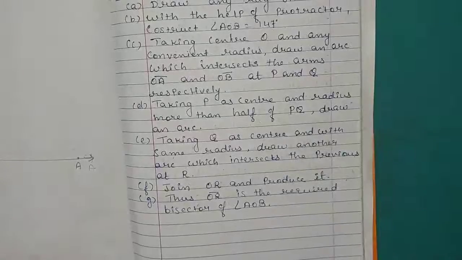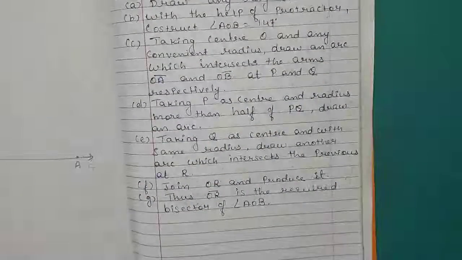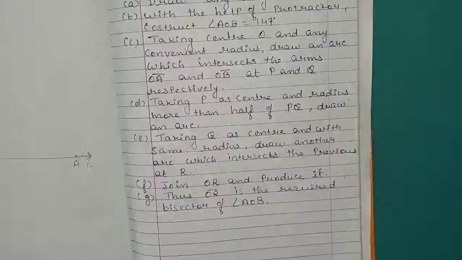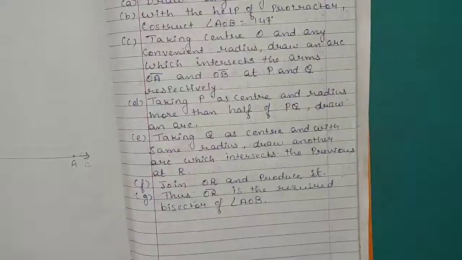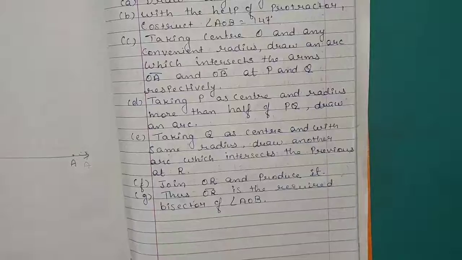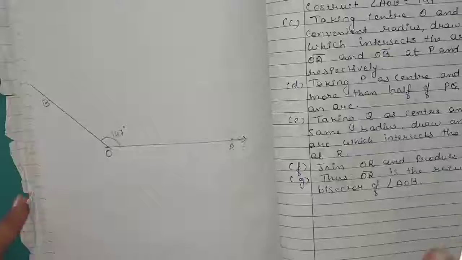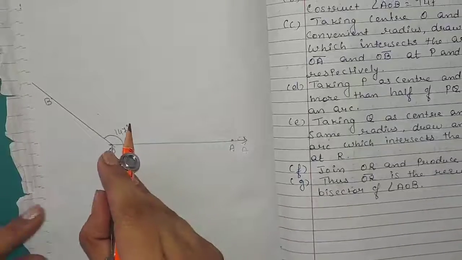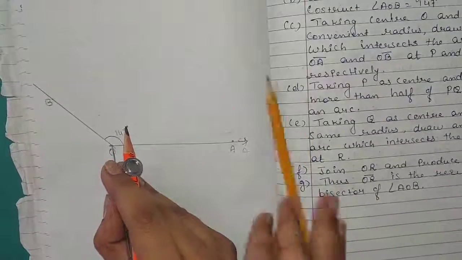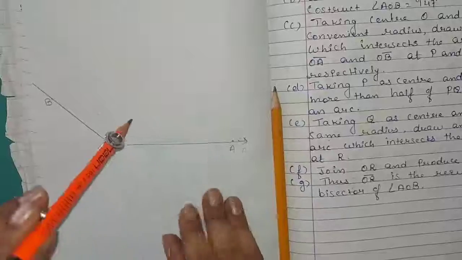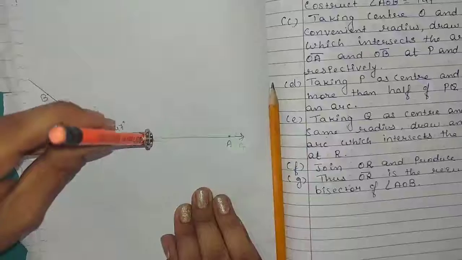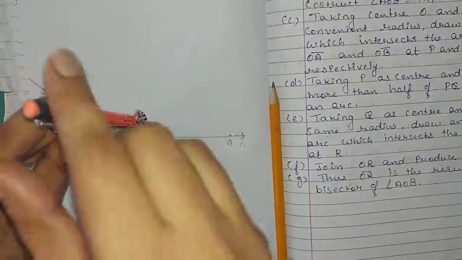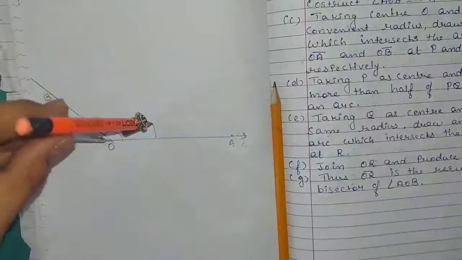Taking center O and any convenient radius, draw an arc which intersects the arms OA and OB at P and Q respectively. So here we have to take center as O. Let us take any convenient radius with the center and draw an arc such that it cuts the arms OA and OB.